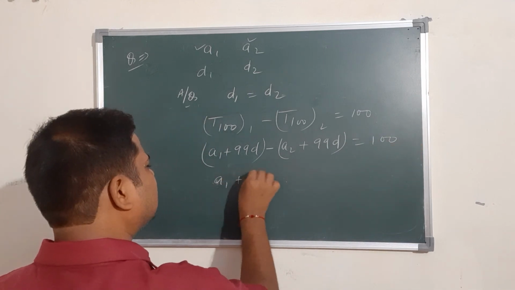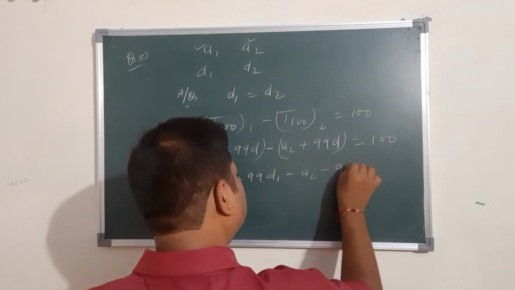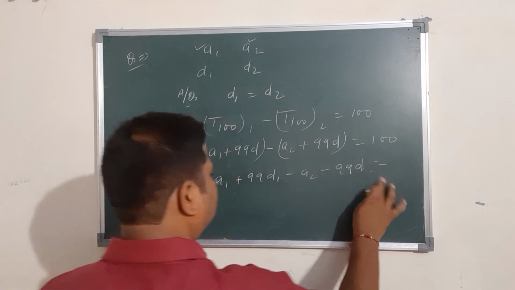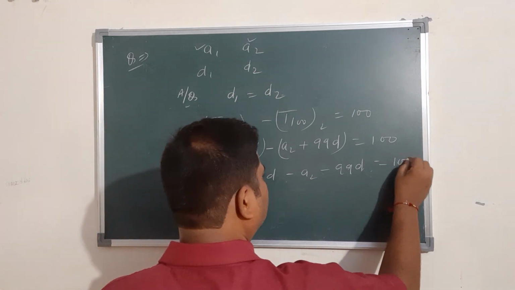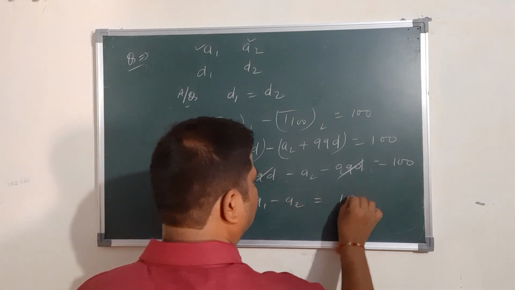A1 plus 99D1 minus A2 minus 99D2, this is 100. The D terms cancelled out. A1 minus A2 must be 100.